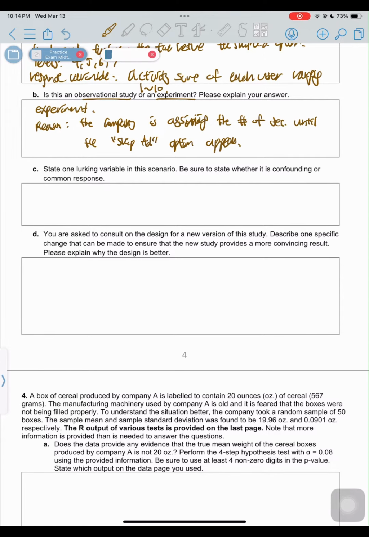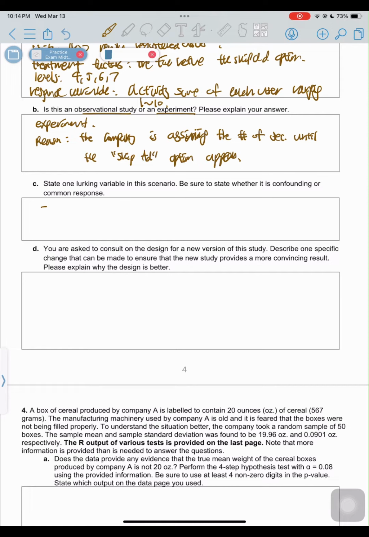So the lurking variables can be, let's say, the people's preference on what type of shows, what types of videos, and basically what types of videos they're watching, and why they're watching, and the options of platforms that the user can use.